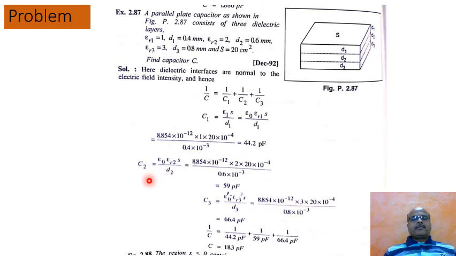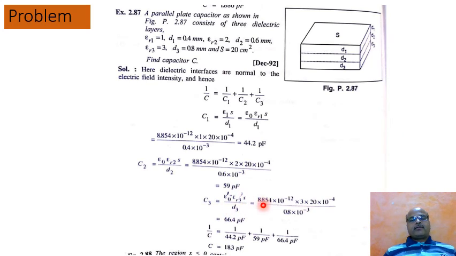Then find the value similarly for C2. Put the values, that is epsilon 0, then epsilon R2. Epsilon R2 is given as 2, put the value of S as 20 into 10 raised to minus 4, with the value of D2, 0.6 into 10 raised to minus 3, we get 59 picofarad. Similarly, find the value of C3.